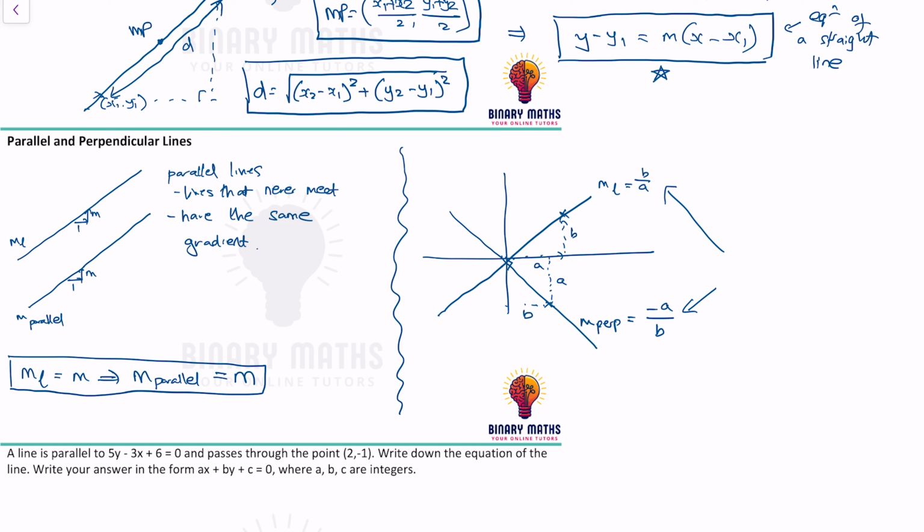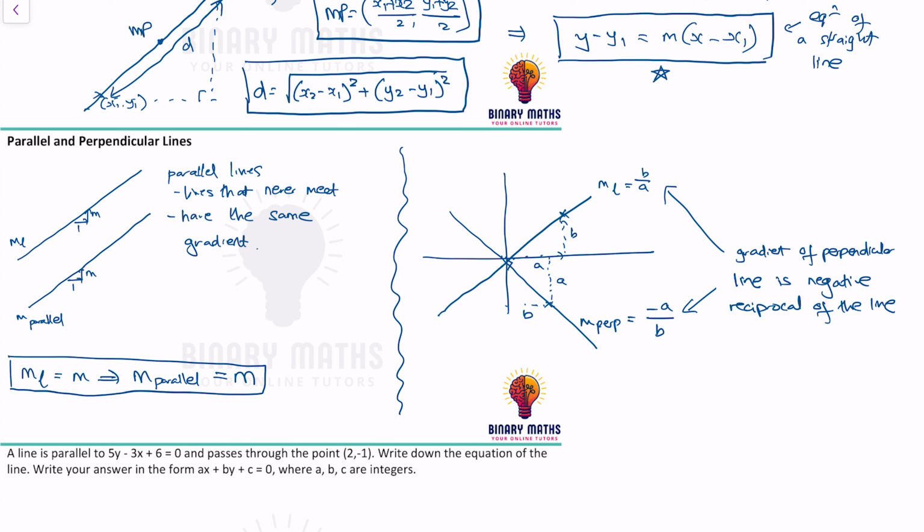So gradient of perpendicular line is negative reciprocal of the line.